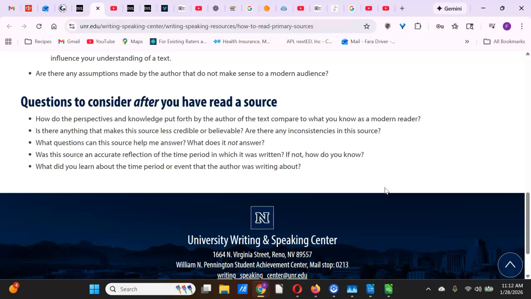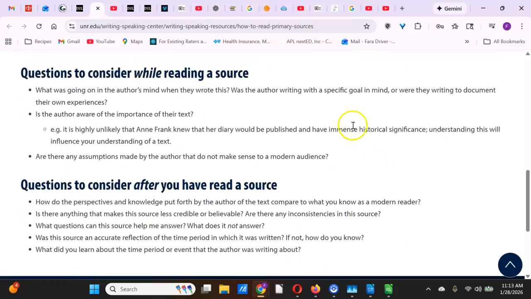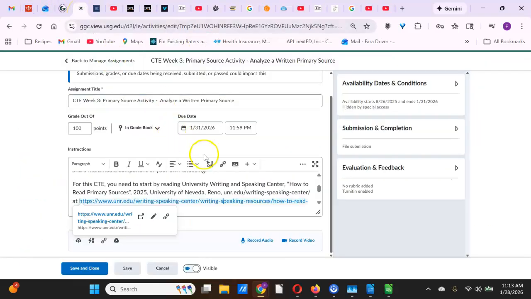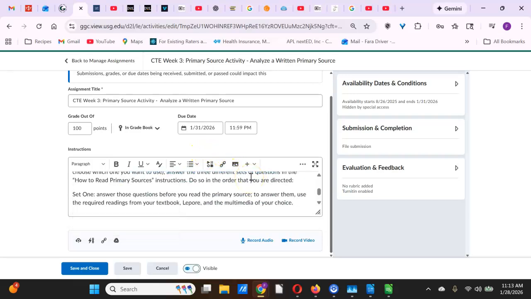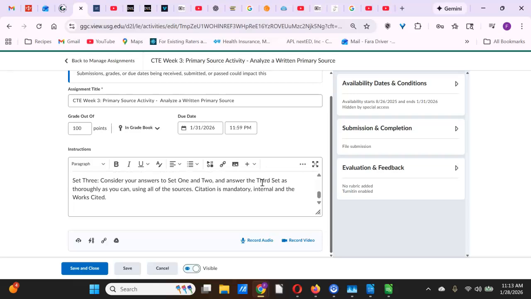All right, so your exercise for CTE 3 is to consider these questions and to answer them as you pick a source from the American Yawp Reader to analyze. So what you're going to do is answer the first set of questions before you read that source. Then you're going to read that source and answer the second set of questions. And then after you've read that source, you're going to consider what you know about that time period and answer the third set.